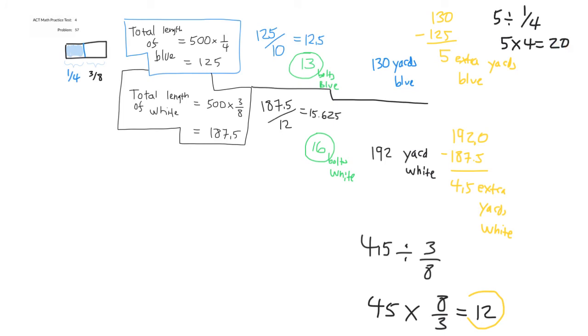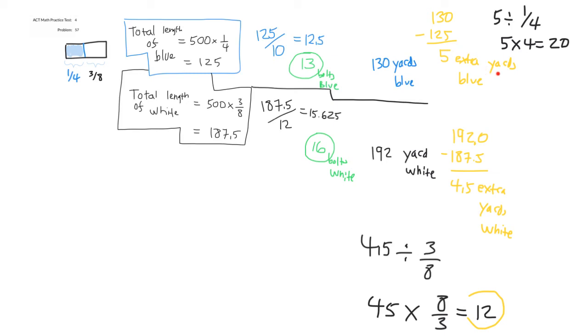So we could definitely get 20 of these blue blocks, but 12 is less than 20. As I hinted at and suspected before, we're really limited by this smaller number here, okay? We're limited by the fact that we can only get 12 extra white blocks with our extra material. And sure, we could get 20 extra blue blocks within the 5 extra yards of blue material.